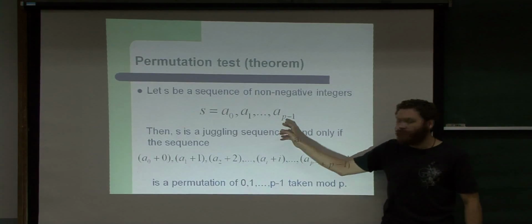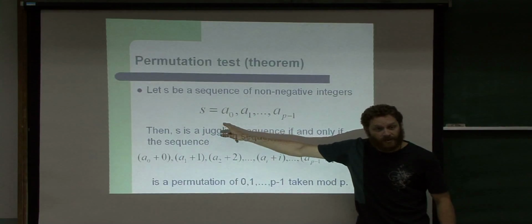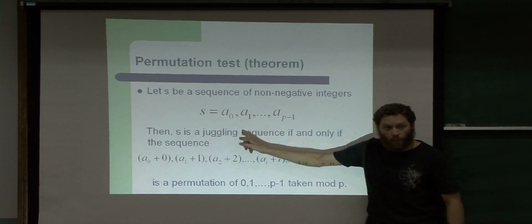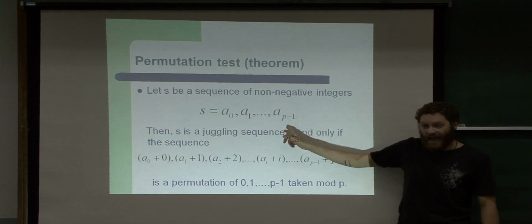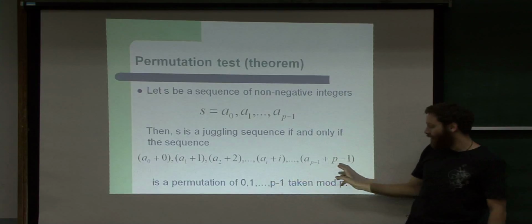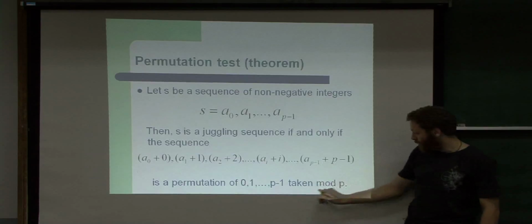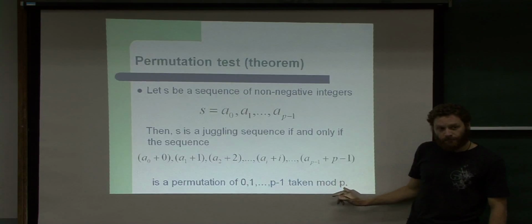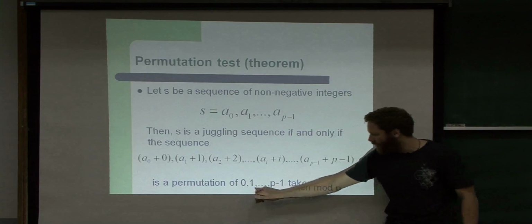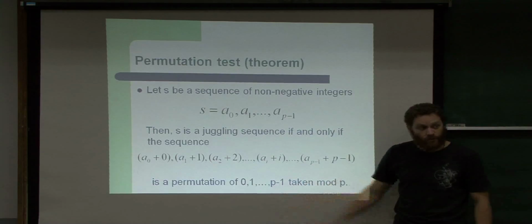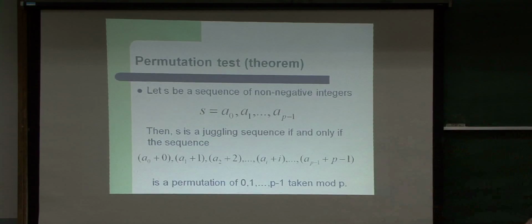So I go to the first entry in the sequence, add 0. Go to the second entry, add 1. And so on up to the p minus 1th entry and add p minus 1. That's exactly what I've done here. Then take each of these terms mod p. If that's just a permutation of 0, 1 up to p minus 1, then the result is that I'm able to juggle the sequence.